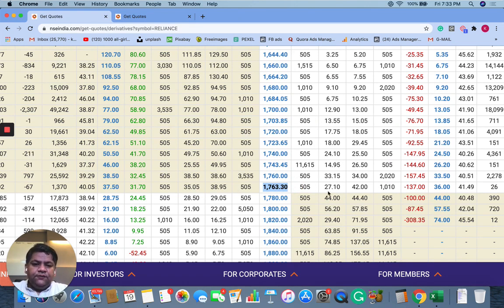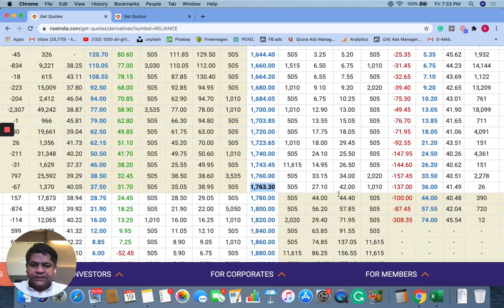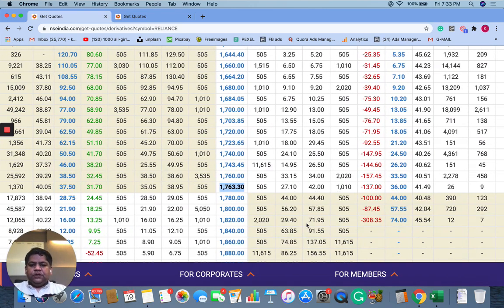But if you go for the put option, since the buyer of the option would always want to sell higher, anything where he wants to sell higher will be called in the money for him. So if 1763 is the underlying price and at the day of expiry he wants to sell at 1780, he will buy the 1780 put option and it will be called an in the money put option for him.